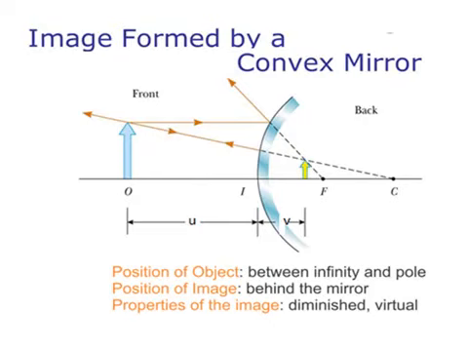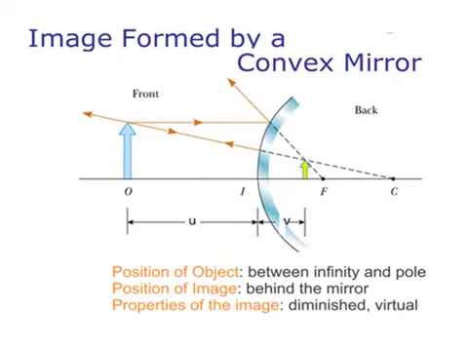Now trace the rays according to the laws which we had seen. Now draw a parallel ray, that is, parallel to the principal axis. After reflection, the extension of the reflected ray will pass through the principal focus. So there we complete the first ray diagram.